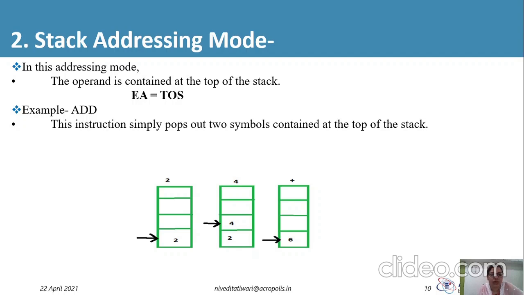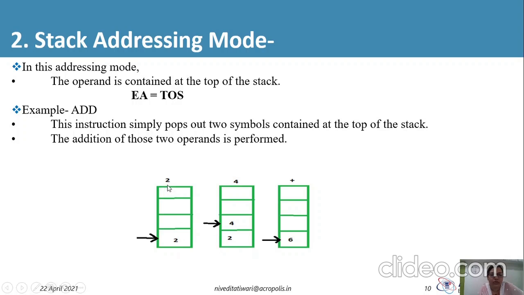First of all you push the value 2 into the stack, and then you push the value of the second operand, that is 4, onto the stack as available in the given figure.